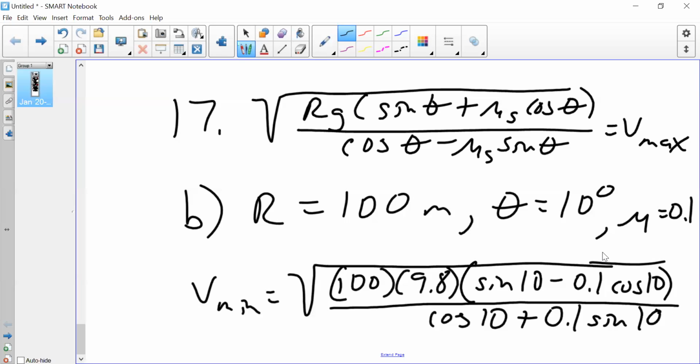Okay, so you saw that out. What's the minimum speed there? Like 8 point something.